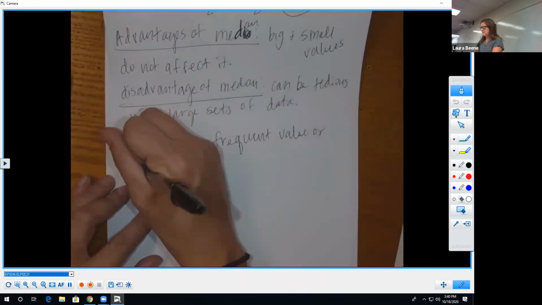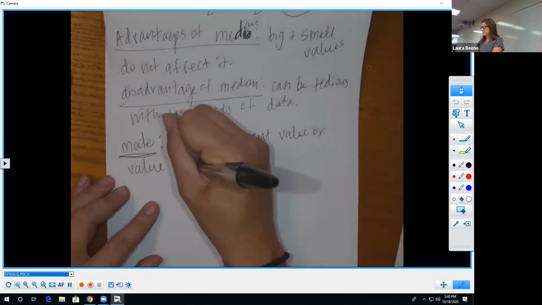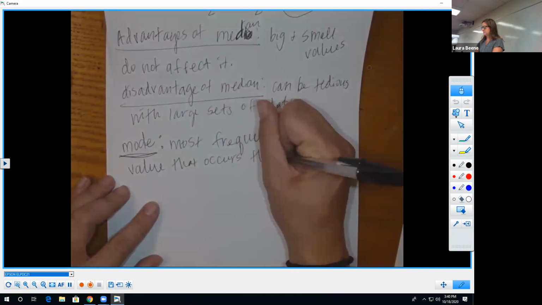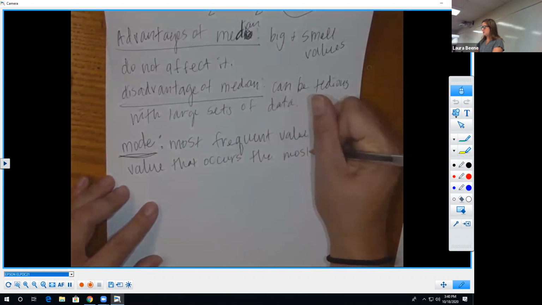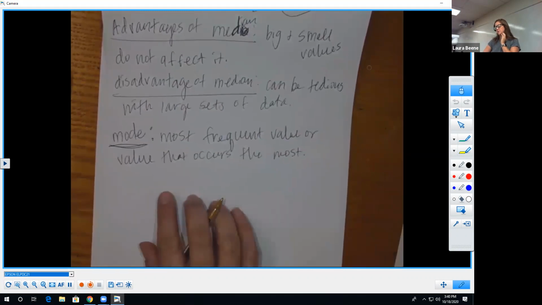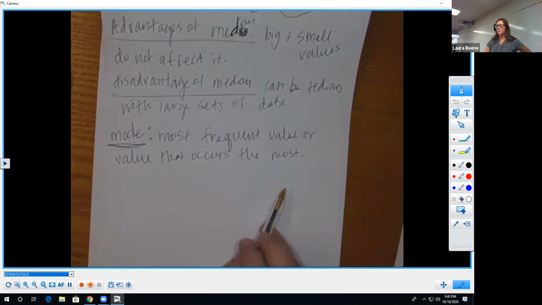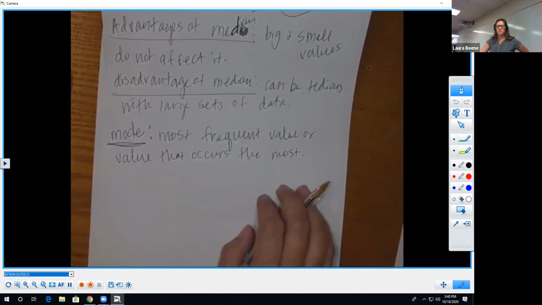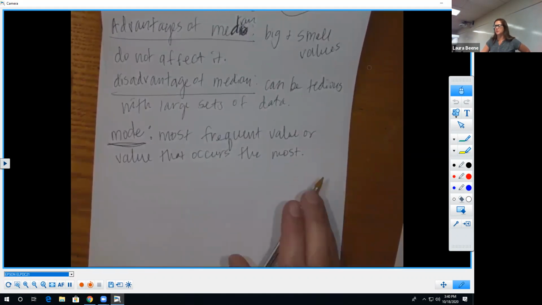Funny story, whenever I was learning mode at first, the definition my teacher told me was it was the value that appears the most.